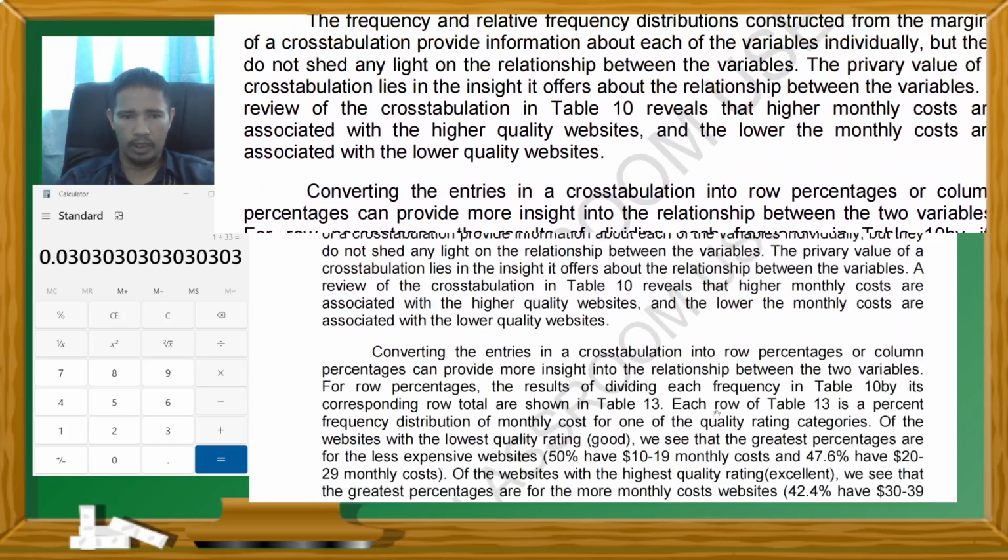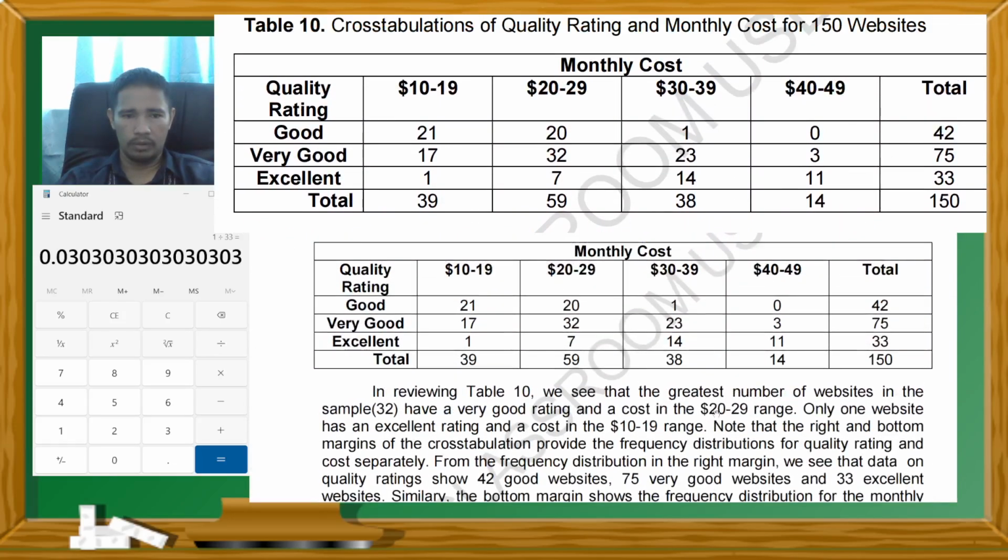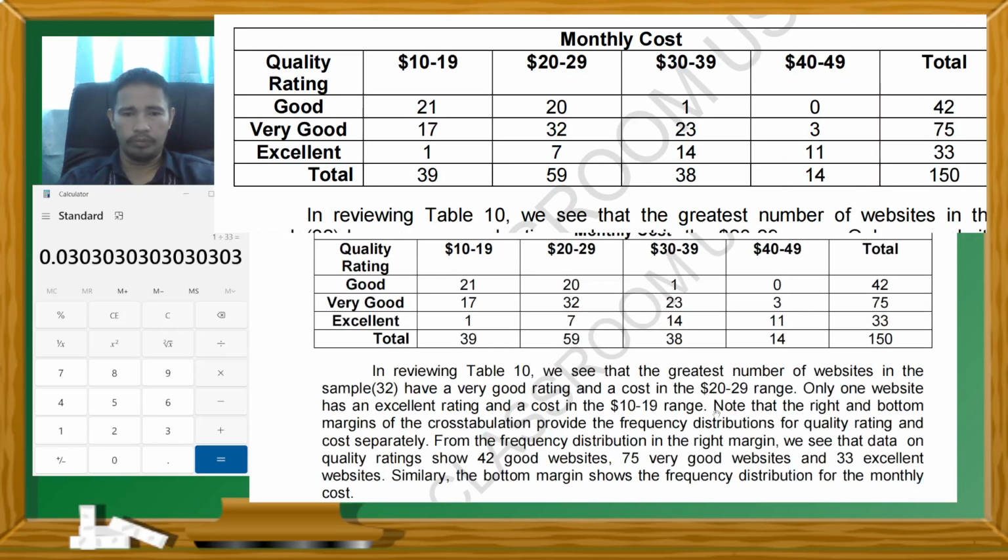Excuse me for a while, this one is the given. So for 20 divided by 42, the answer is 47.6 times 100. The answer is 47.6. So as you can see there, that's the 47.6.